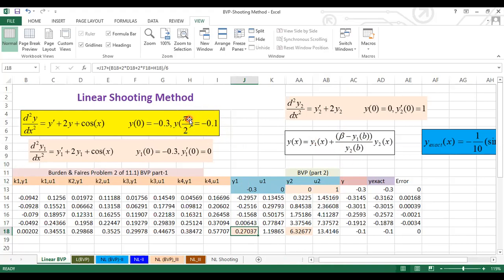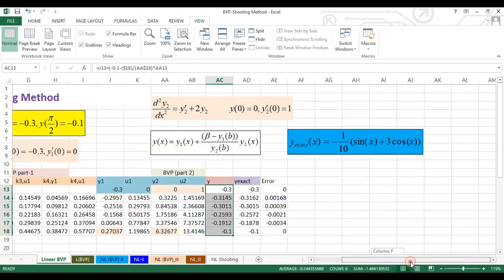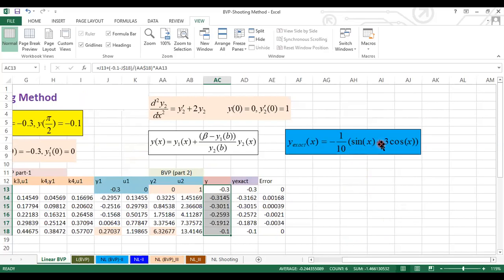Then we fuse these two solutions in the column y, which is highlighted in this illustration. For this problem, we also have the exact solution for comparison, and it is over here. If you go for the error calculation, you can find it performed in column AE.